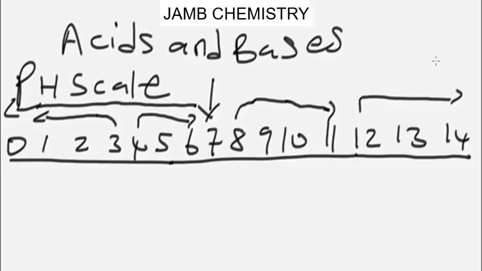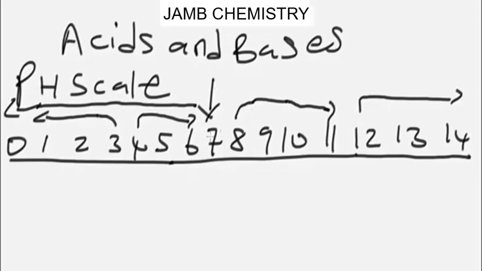Guys, take note of what is happening here. Very important. Going from 8 to 11, you have a weak alkaline solution. From 12 to 14, you have a strong alkaline solution. Very, very important, guys. You should be able to interpret what's happening on the pH scale in measuring the degree of acidity or alkalinity of a solution.